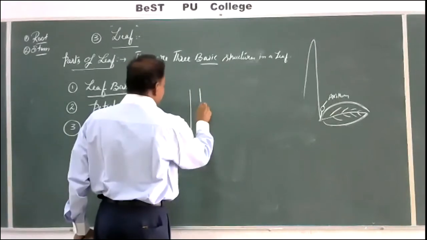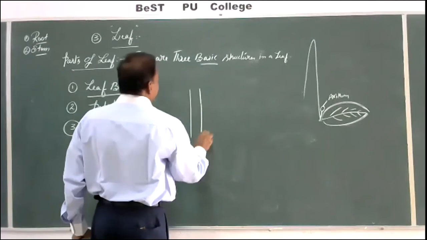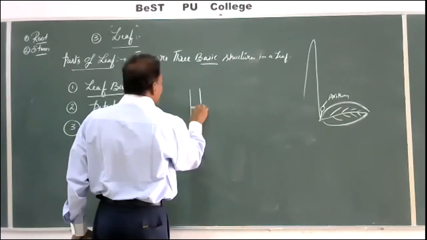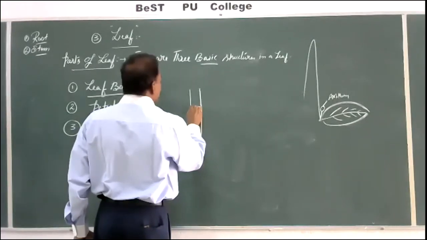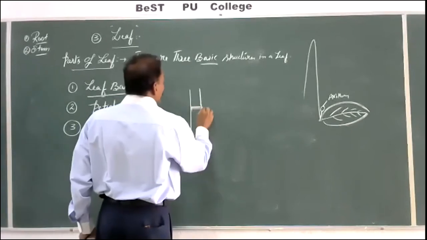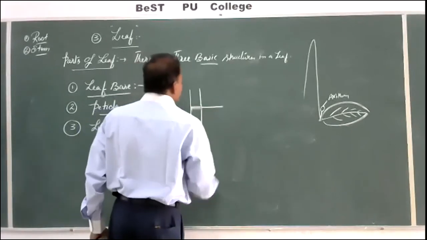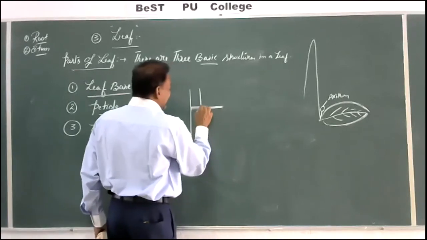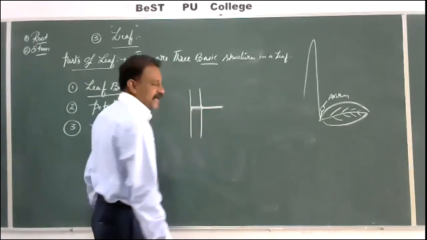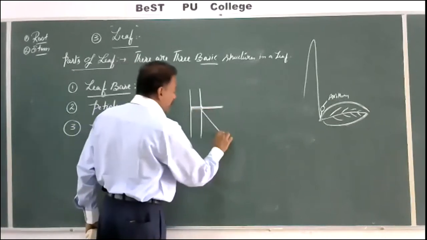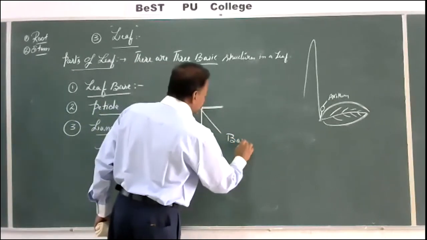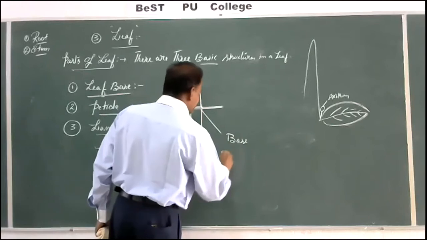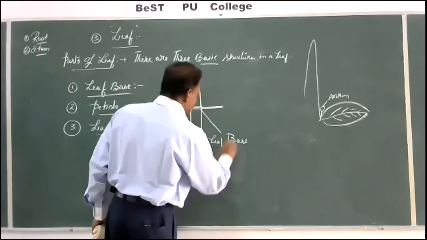This is the stem, and on the stem there is an area called node. In this node, with the help of a base, the leaf is attached to the stem or branches. This is called the base of the leaf or leaf base.